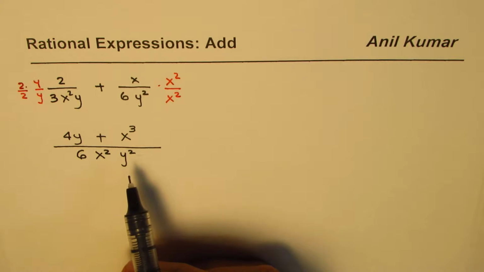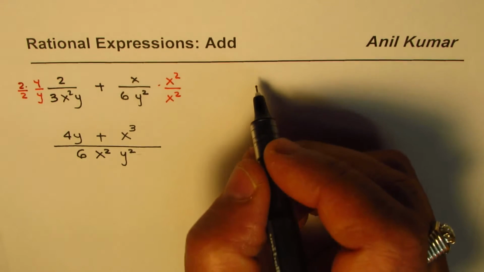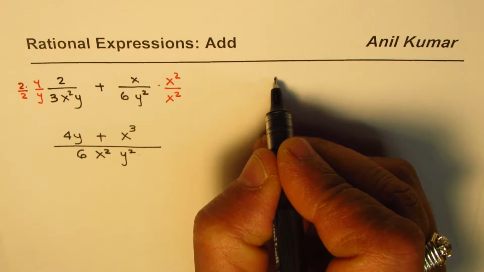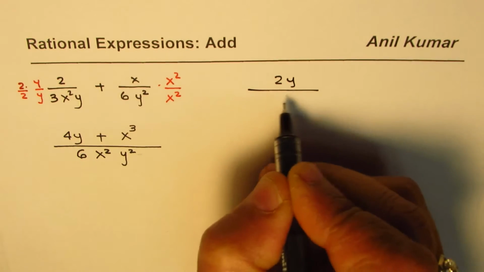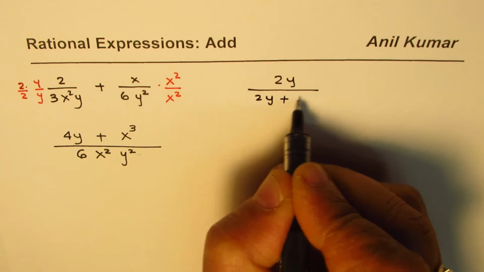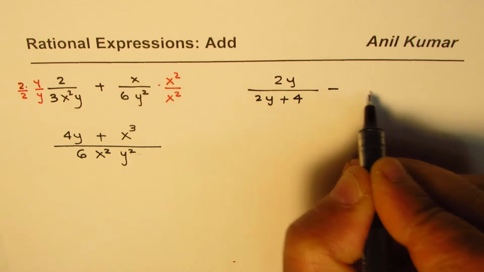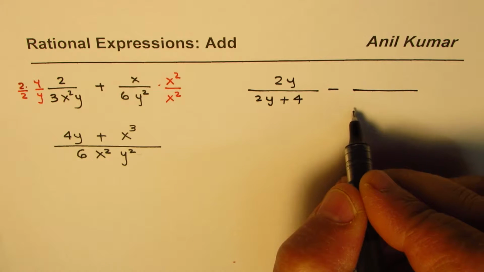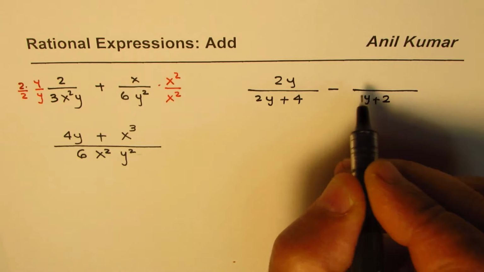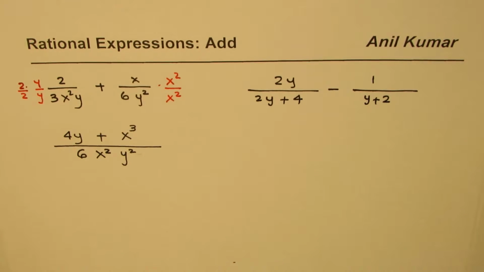Now let's take another example where the denominators are kind of similar. So we'll subtract this time, and let me write down the expression as 2y over, let's say 2y plus 4, right? And we'll do subtraction, and this denominator, I'm writing this as y plus 2, and let me write numerator as, let's say, 1.